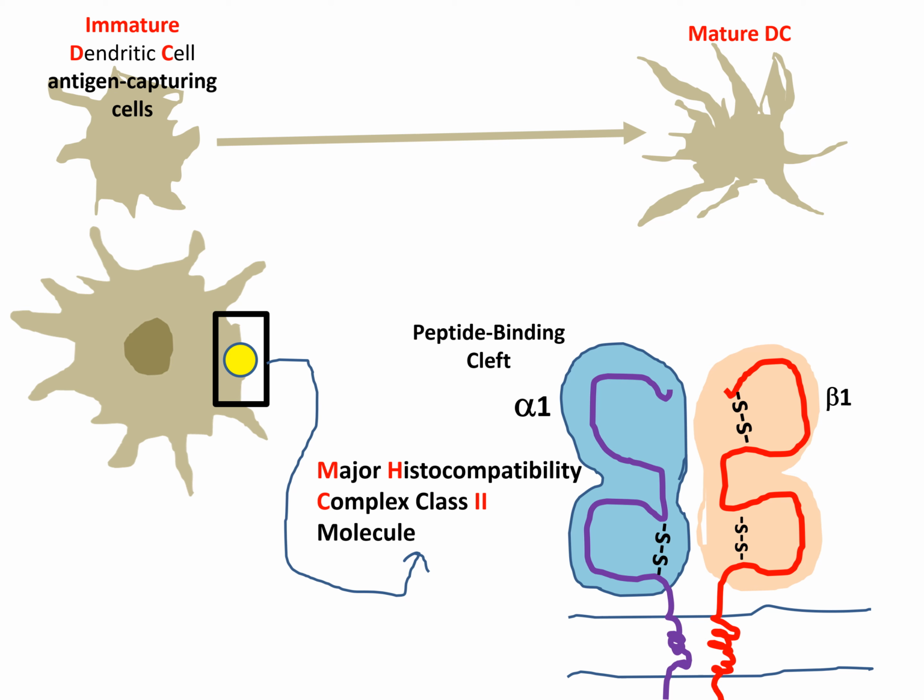So here we have the peptide that had been ingested, and it will now be presented to the other cells. So for this domain, we said that we have a beta 1, beta 2, and alpha 1, alpha 2.